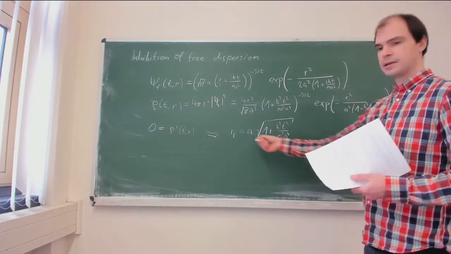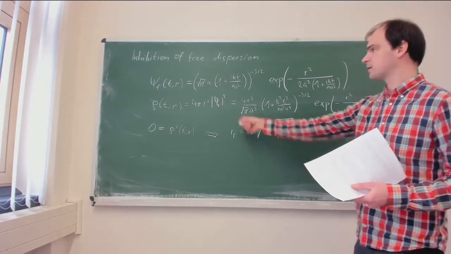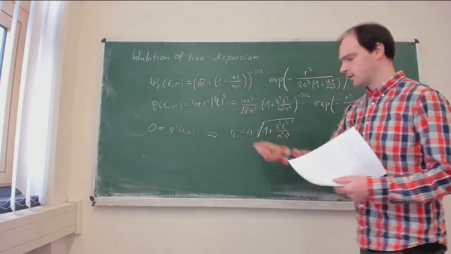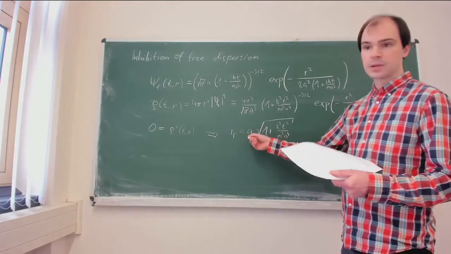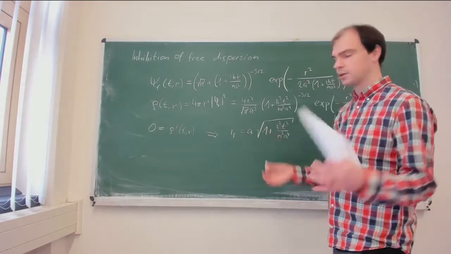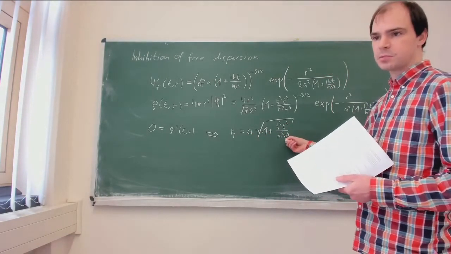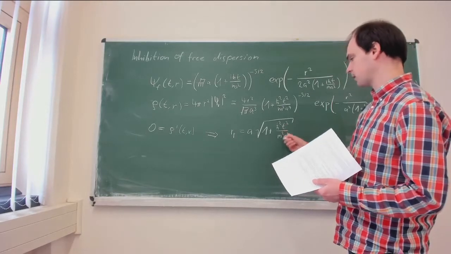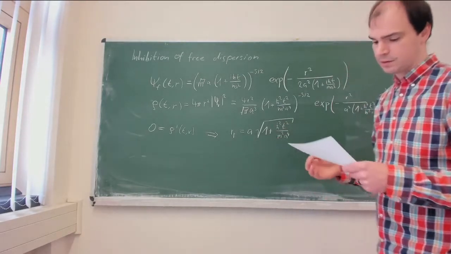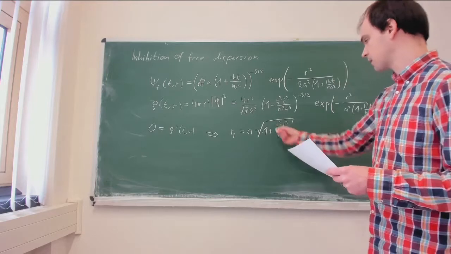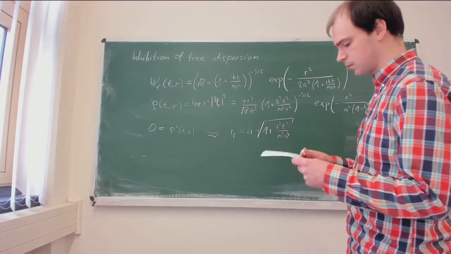So initially the maximum is at this width a. And so we associate this with the width of the wave packet, and then it grows in time. This is the spreading of the wave packet, expressed by this time dependent term here.